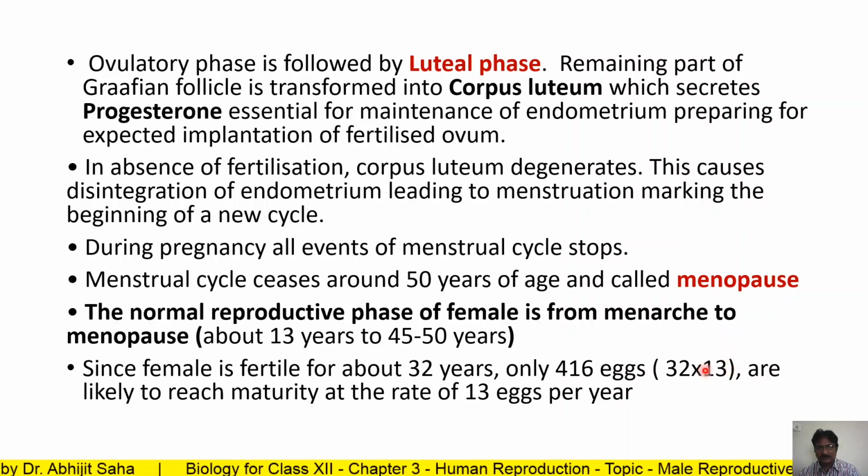So let us consider that in 1 year there are 13 cycles, and so 13 eggs are produced per year. Into 32 amounts to 416 eggs. That means during the total reproductive period of a woman, she can produce 416 eggs.